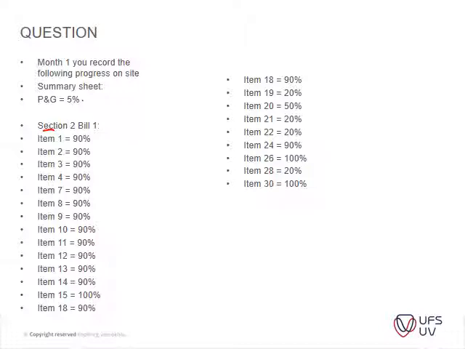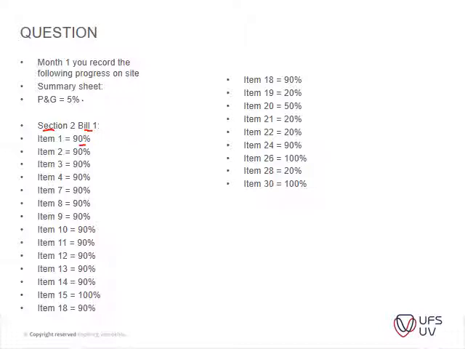So you will have your section 1, bill 1, which is our earthworks in this case. Item 1 we measured, for instance, now external. When we get to the BOQ, we will see which bill or which item this is. So we've measured the exterior strip footing, and we established that 90% of the strip footing has been done.